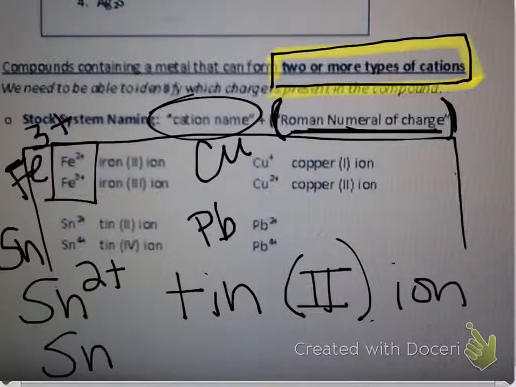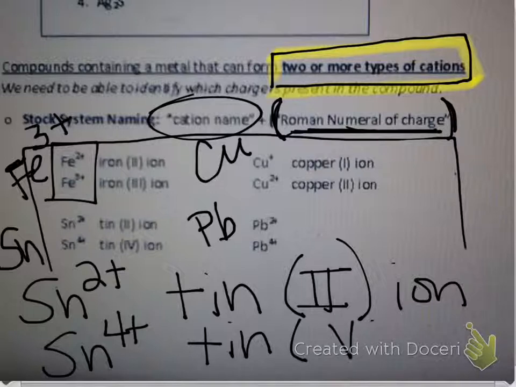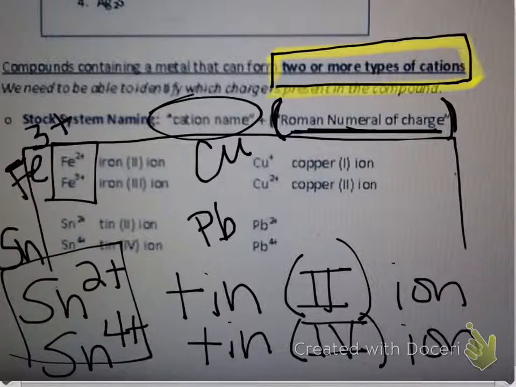And if I have the Sn4+ ion, that's the tin 4 ion, I'm going to write 4 in Roman numerals. Now remember, for 4 in Roman numerals, a 5 is a V, so if you put an I before a V, you get a 4. You're going to need to memorize this. Tin can form the +2 or the +4 ion. Remember those two.